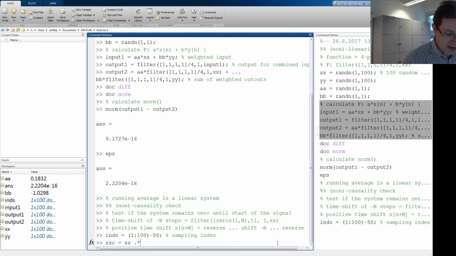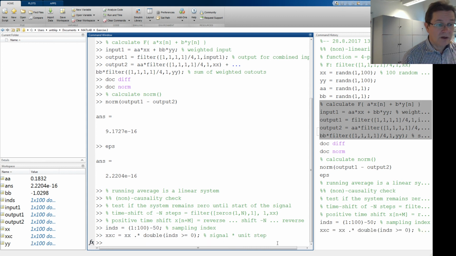times double of the index greater than or equal to 0. So we are multiplying the signal with a unit step function. There.